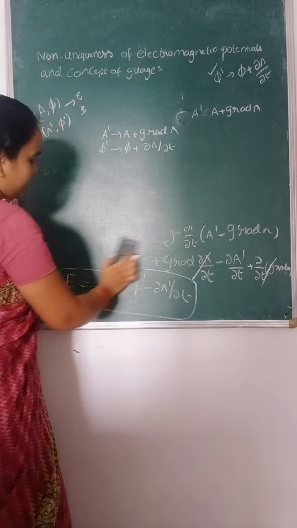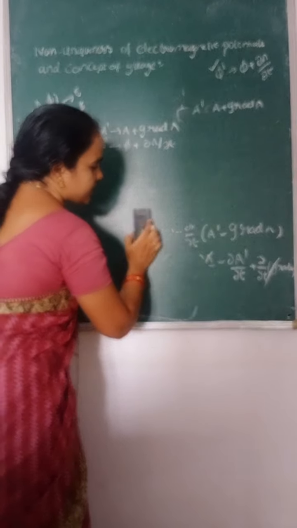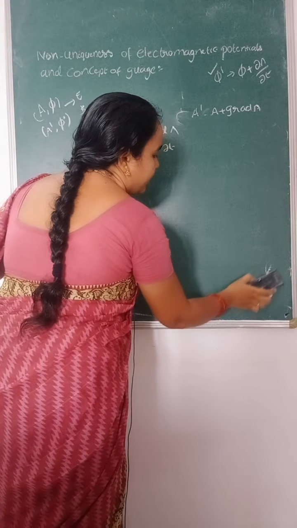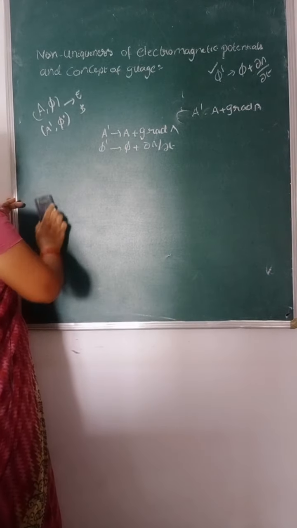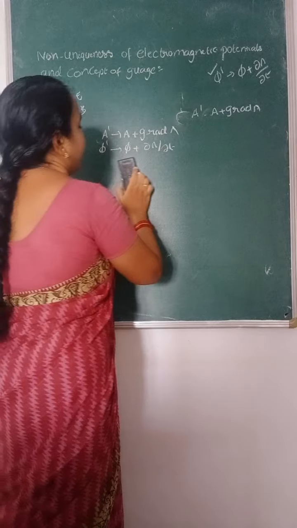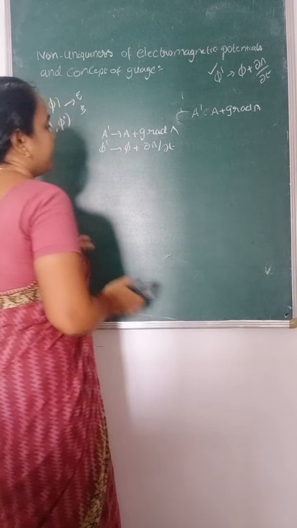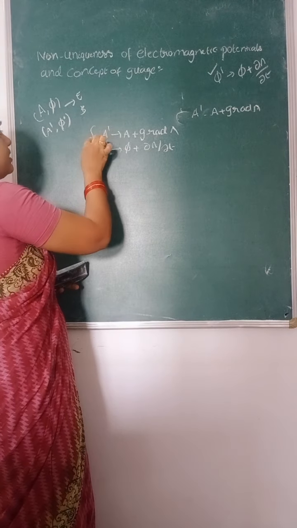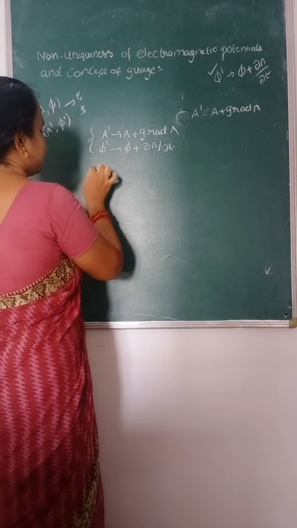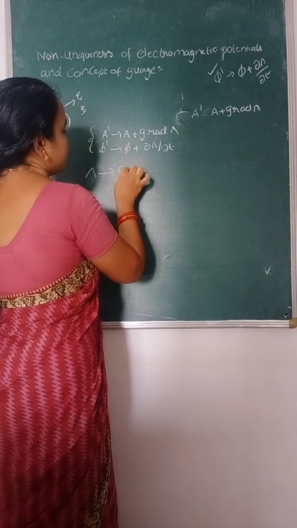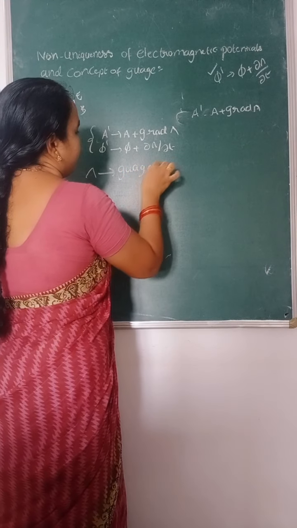Those transformations under which the electromagnetic field vectors are the same, despite the non-uniqueness of the electromagnetic potentials, are called Gauge transformations, and the function psi is called the Gauge function.